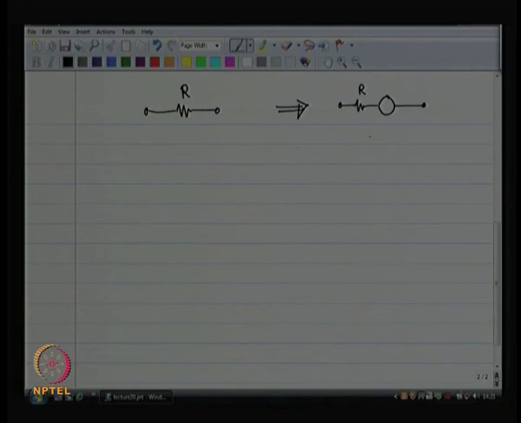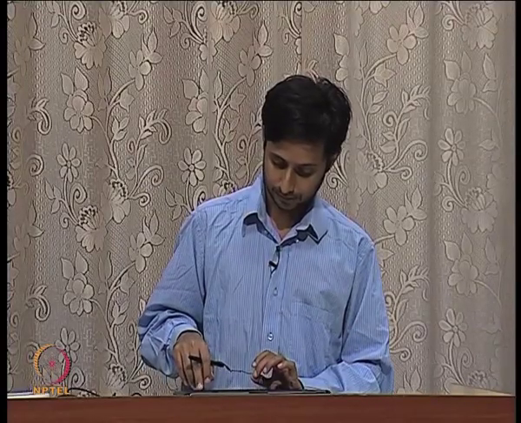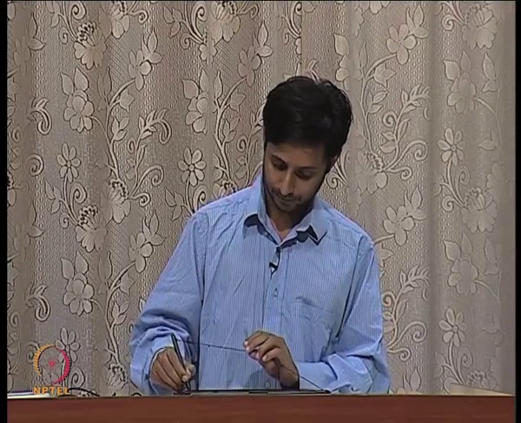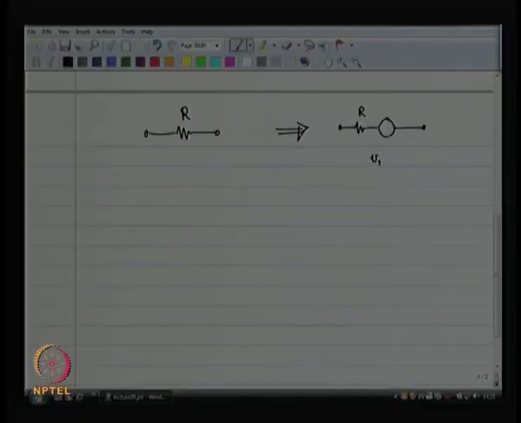This noise voltage has a mean squared noise voltage of 4kT times R times df, where df is the frequency bandwidth over which we are looking. Here k is the Boltzmann's constant, T is the absolute temperature in kelvins, R is the resistance of the device and df is the bandwidth.